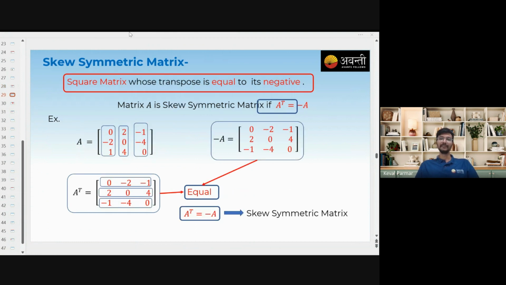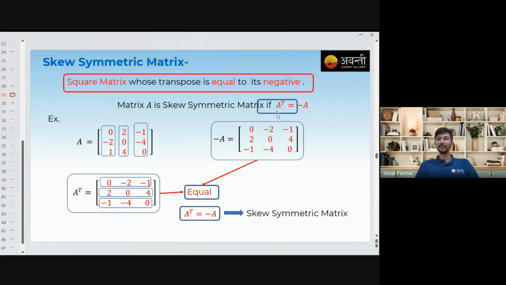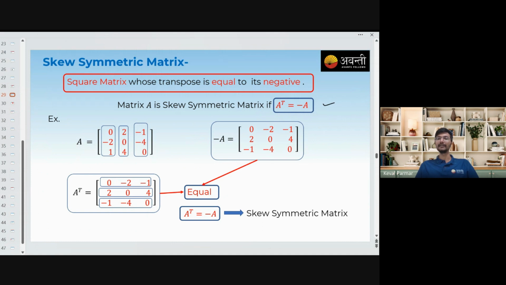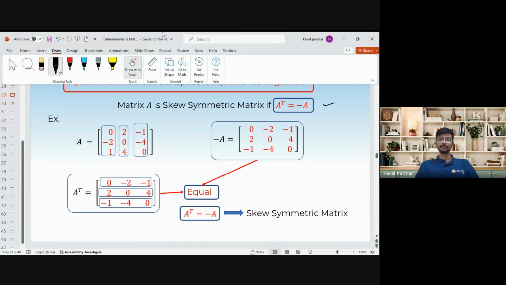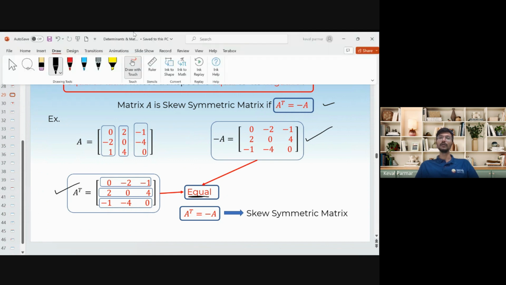Skew symmetric matrix. What is meant by skew symmetric matrix? It is a matrix when A transpose is equal to minus A. Here, you will notice this is A transpose, this is minus A. Both are equal.